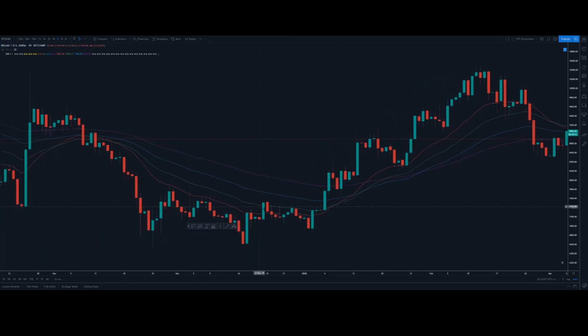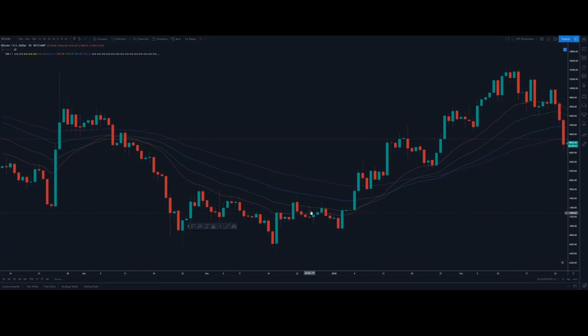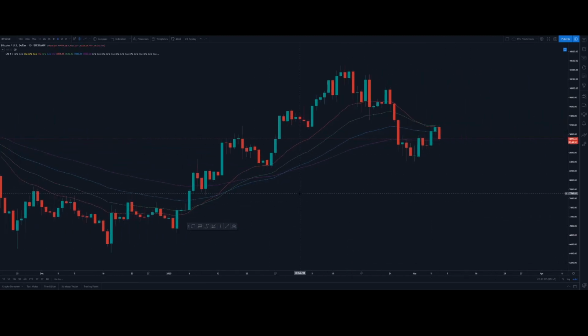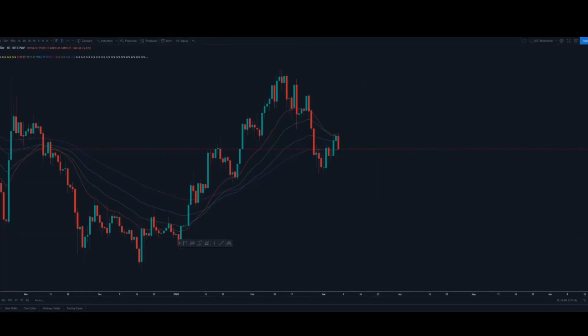Although this could be an indication that the downward trend is cooling off, preparing for a reversal. So that's pretty much moving averages.